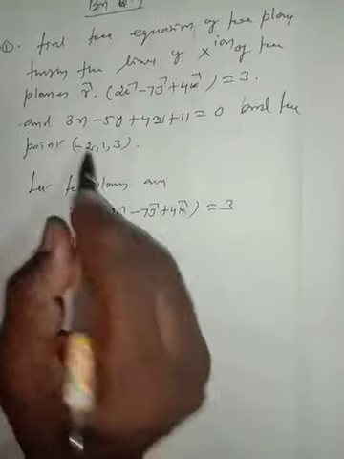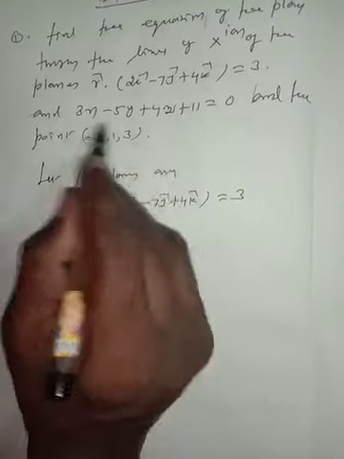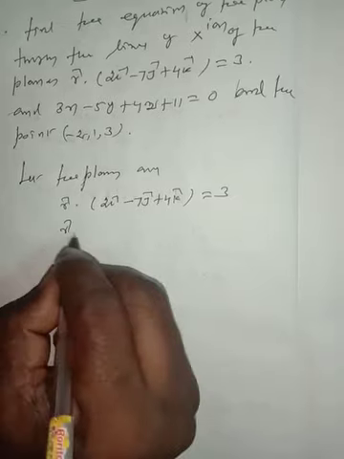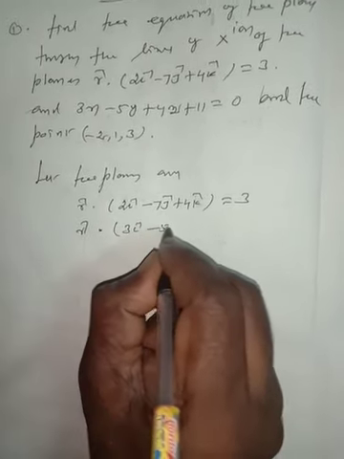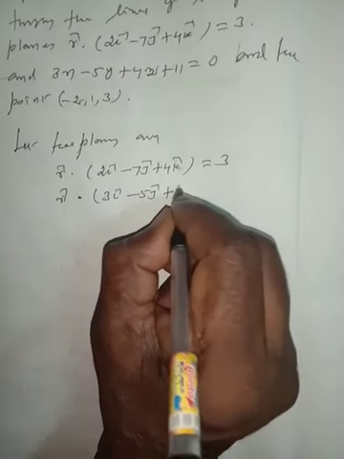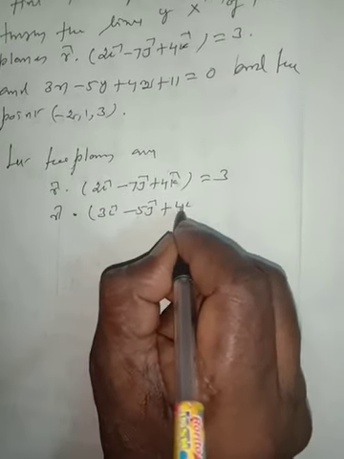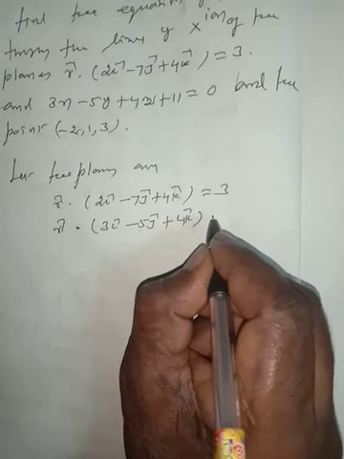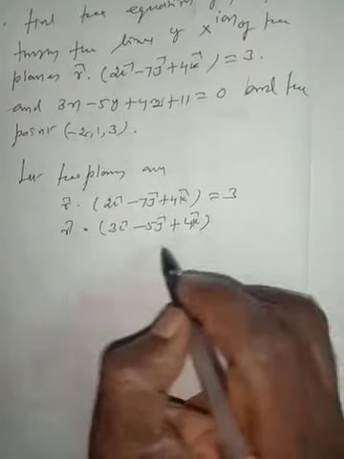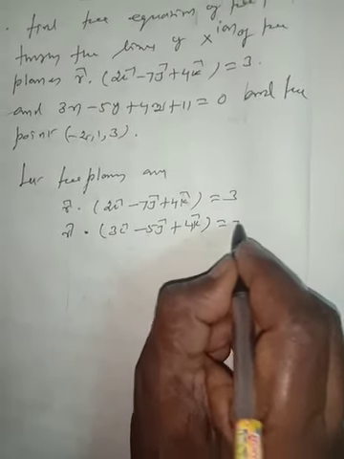The second plane can be written in the form r vector dot n vector is equal to p, so r vector dot 3i vector minus 5j vector plus 4k vector is equal to minus 11.